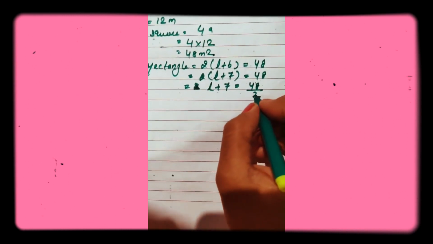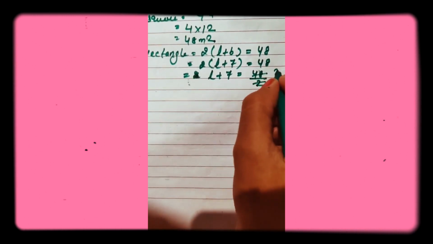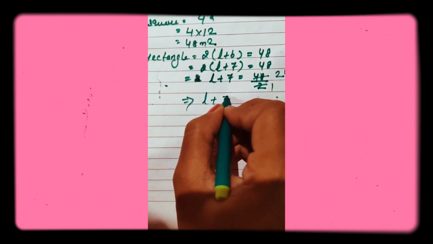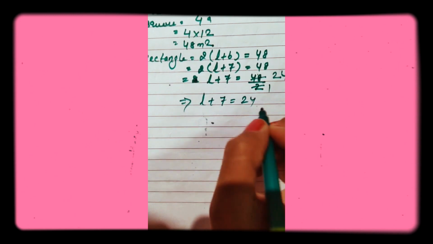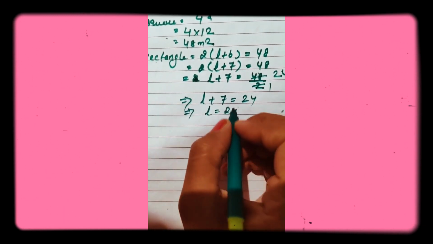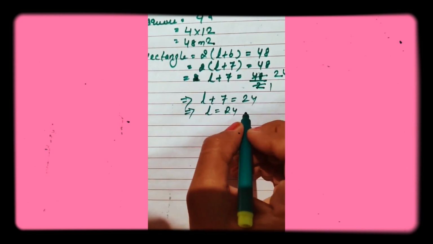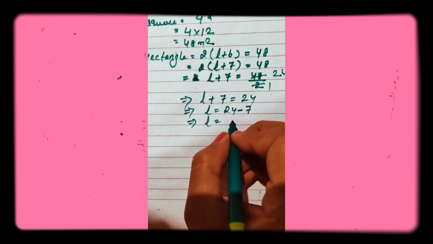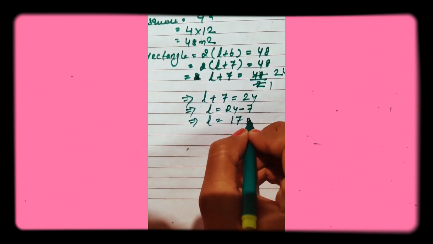Yes, it is possible to cut. 2 2s are 4, 2 4s are 8. It means L plus 7 equal to 24. And you know our same process, L equal to 24 and plus sign is given, then it will change here, minus 7. L equal to 24 minus 7, 17 meter.